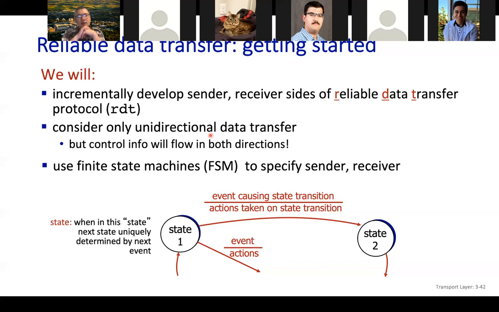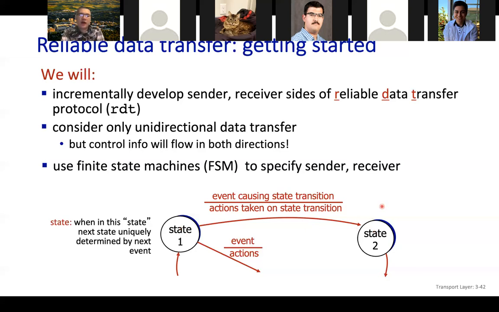So what is a finite state machine? If I use one sentence, you can see here there are two states, okay? The state changes only depending on a finite number of events happening, moving from this state to that state.